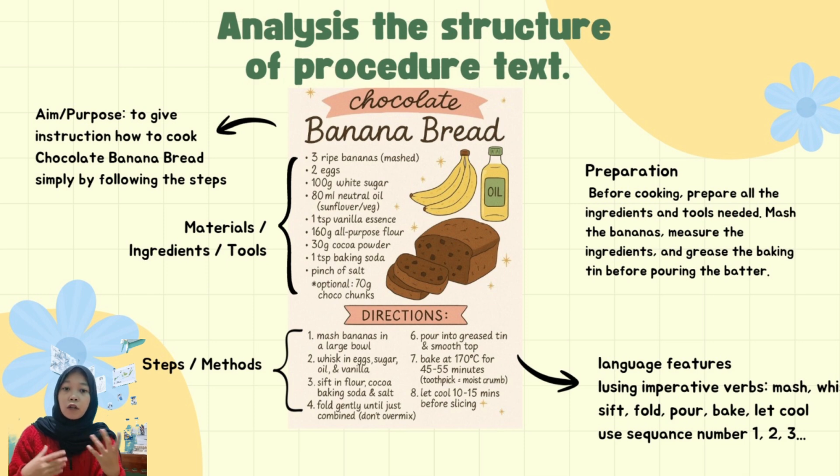You can use sunflower oil or vegetable oil. Then 1 teaspoon vanilla essence, 160 gram all-purpose flour, 30 gram cocoa powder, 1 teaspoon baking soda, a pinch of salt, and optionally 70 gram chocolate chunks.